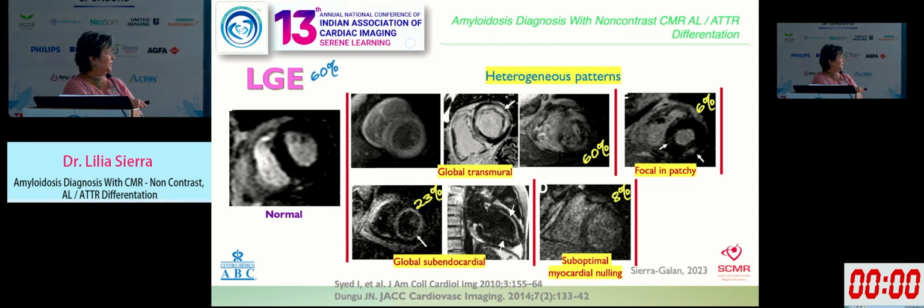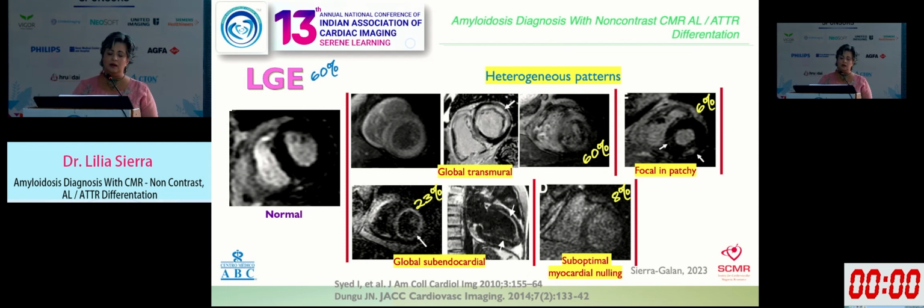See, you can have this one, which is the bad nulling of the myocardium, or like this, or you can have a global transmural enhancement or a diffuse transmural enhancement, or you can have these other heterogeneous patterns, such as this one, or you can have this focal patchy pattern, or the global subendocardial, or the suboptimal myocardial nulling.